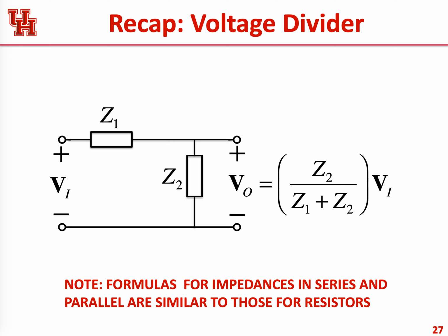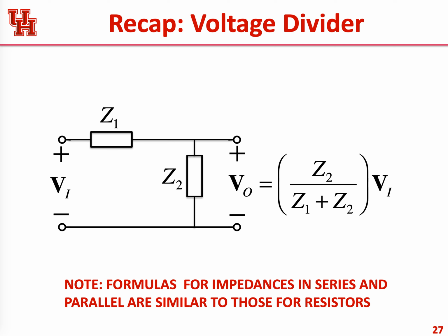Now in the Laplace domain, the same formula also works, right? So if you had a Z1 here and a Z2 here, okay, then the same formulas work like in the case of the resistors, okay? So the voltage across R2 is going to be Z2 divided by Z1 plus Z2 times V1, and the voltage across R1 is going to be Z1 divided by Z1 plus Z2 times V1, right?